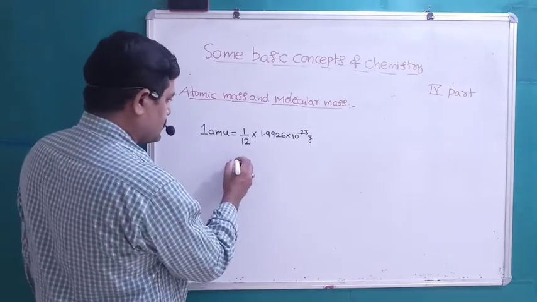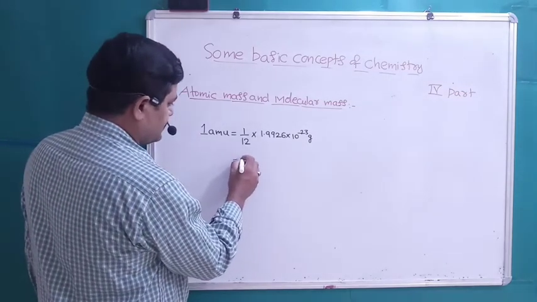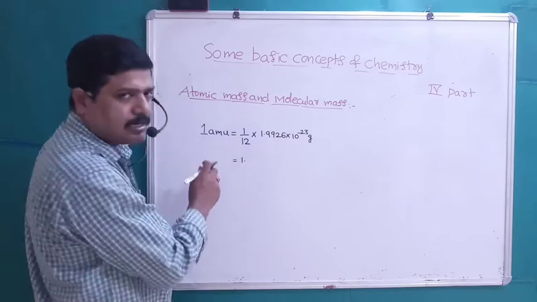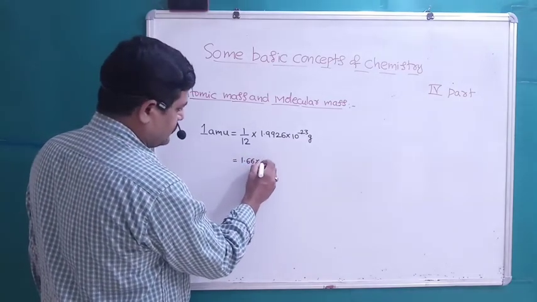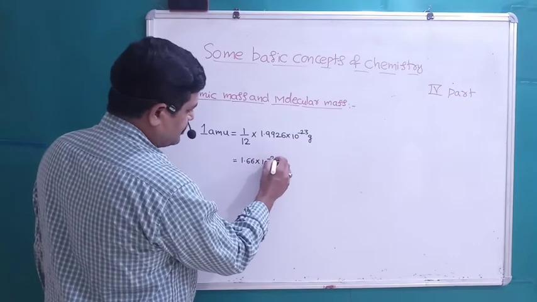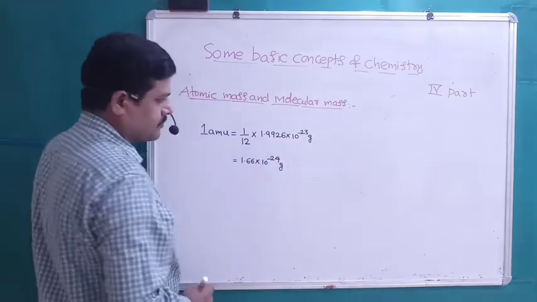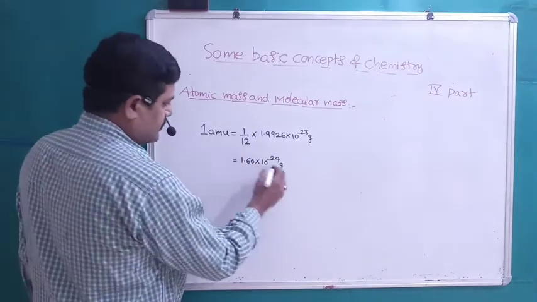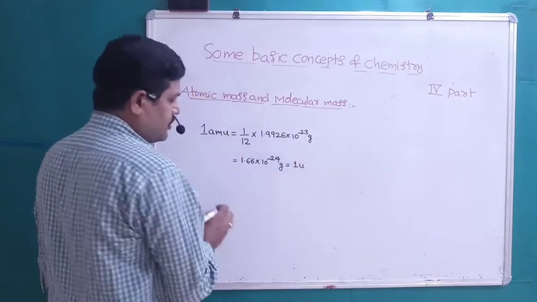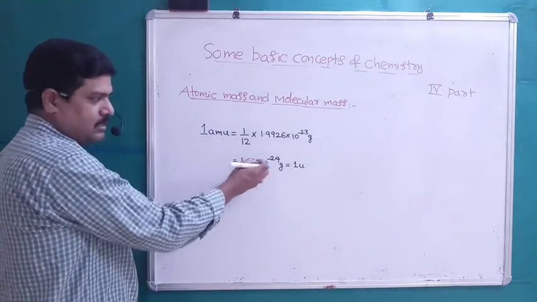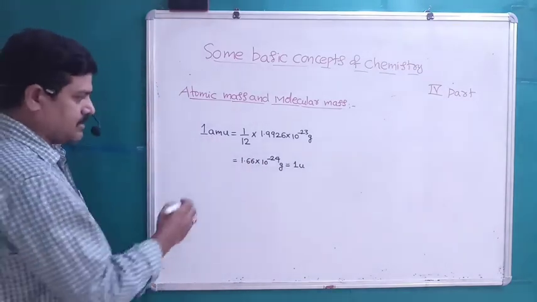On simplifying this, we get 1 AMU, atomic mass unit, is equal to 1.66 × 10^-24 grams. In recent days, AMU is replaced with the term unified mass.